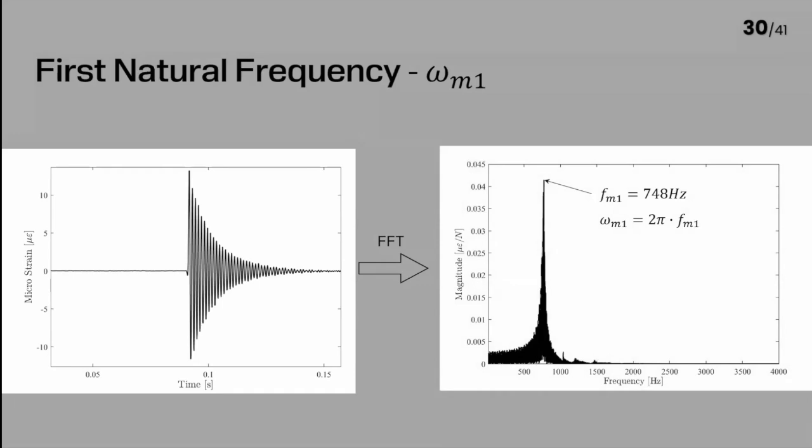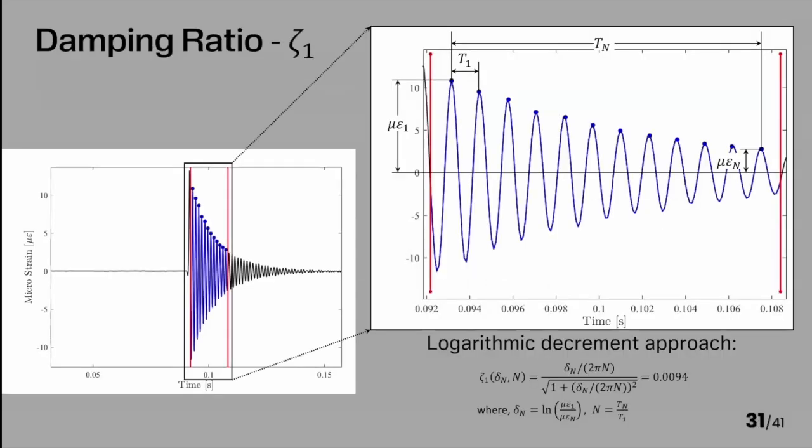And the first natural frequency is identified at the first dominant peak in the resulting spectrum. And damping ratios can be estimated by using this logarithmic decrement approach, based on the peak values extracted from the selected periods of the impulse response.